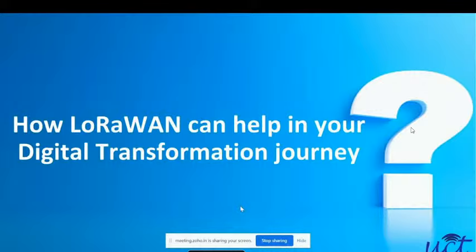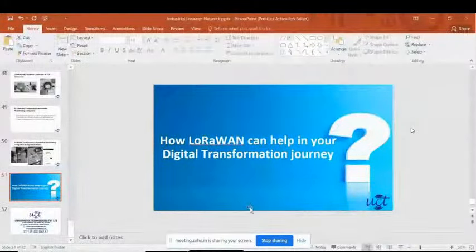I will take questions also, and I want an idea from your side: how do you understand LoRaWAN, and how can you implement LoRaWAN in your industry to solve your particular problems?